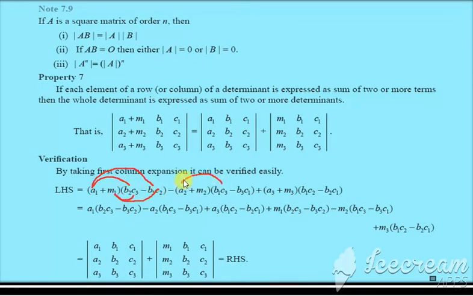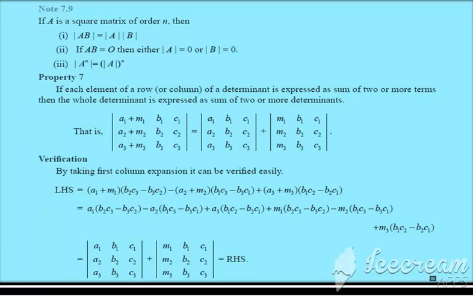Next M2 B1 C3 minus M2 B3 C1. Next A3 B1 C2, next A3 B2 C1, M3 B1 C2, M3 B2 C1. Subtract this, split into the M1, A2, A3 values. Next the M1, M2, M3 values, I'm going to split here.